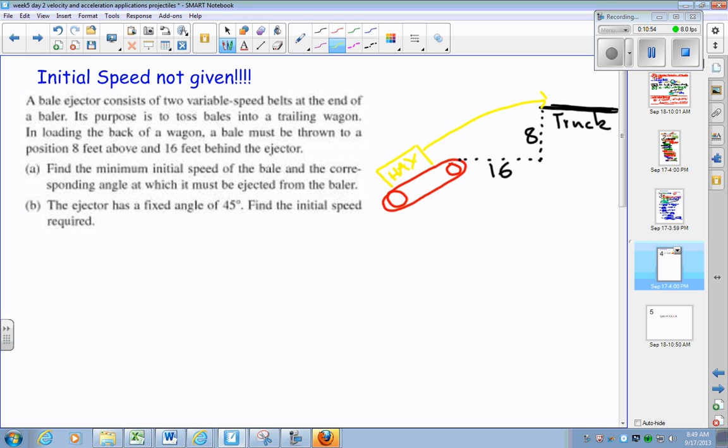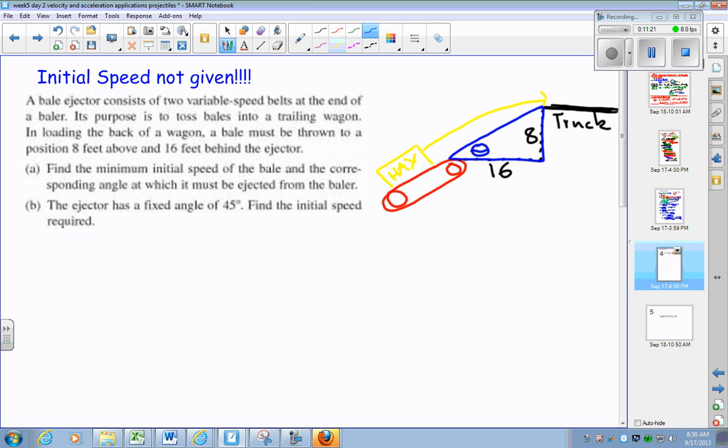Now, a couple things to think through on this. When it says find the minimum initial speed and the corresponding angle, I want to talk about the angle for a moment, okay? If I set this up, I'm going to draw this in, and I'm going to set that theta right there, okay? Could you find on that picture, the blue picture, could you find theta?